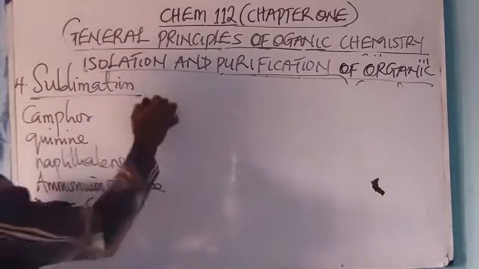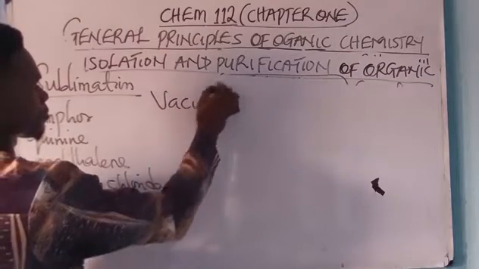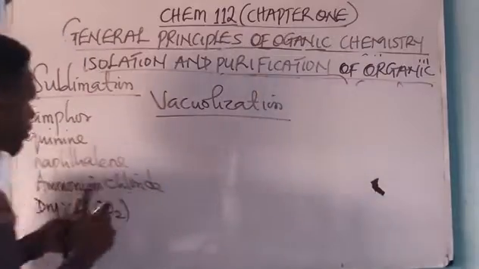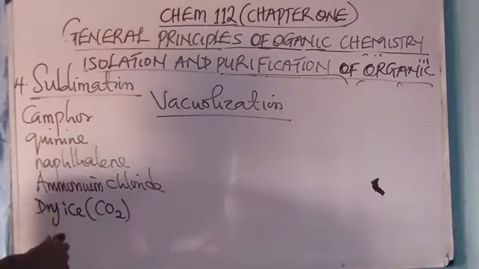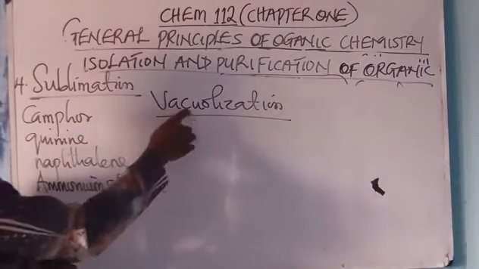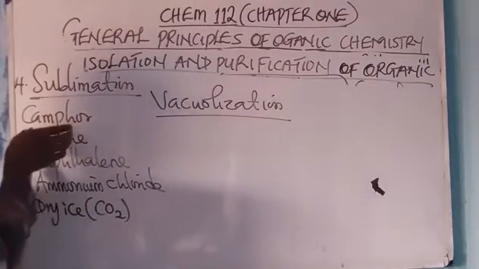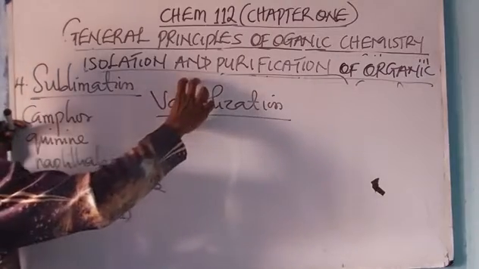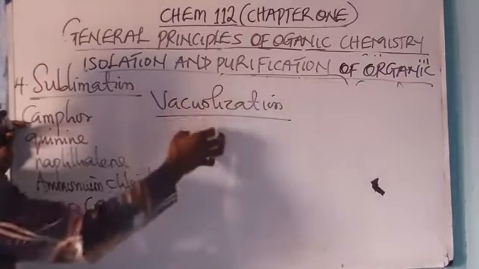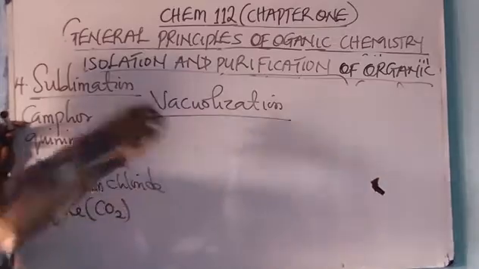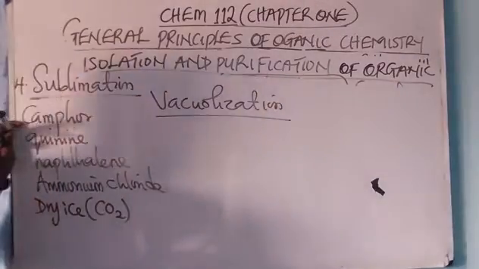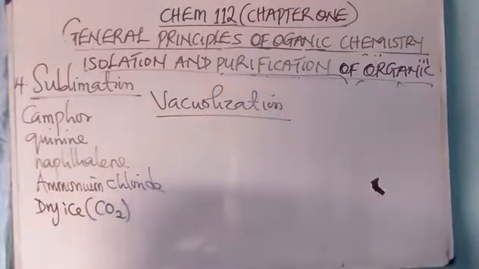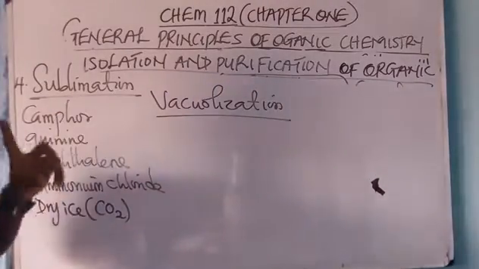But vacuolization is used to prevent sublimation, in the sense that once the vacuum has been introduced, as soon as the camphor vaporizes and turns to gas, it enters the vacuum and forms a liquid. When the vacuum is opened, it enters the gaseous stage. So vacuolization is another way of preventing sublimation. Please take note of that.